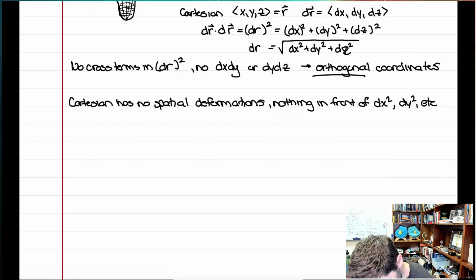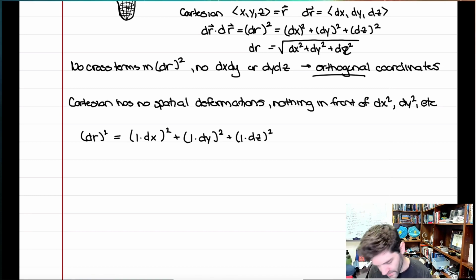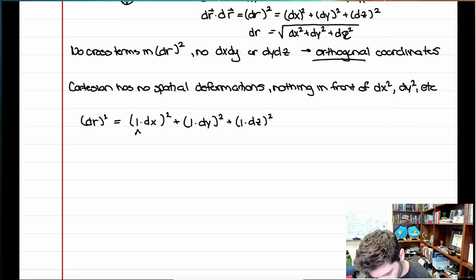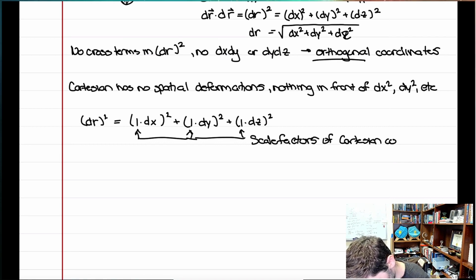The way it's generally written is that dr squared is the number 1 times dx, all squared, plus the number 1 times dy, all squared, plus the number 1 times dz, all squared. Where these ones are called the scale factors of Cartesian coordinates.